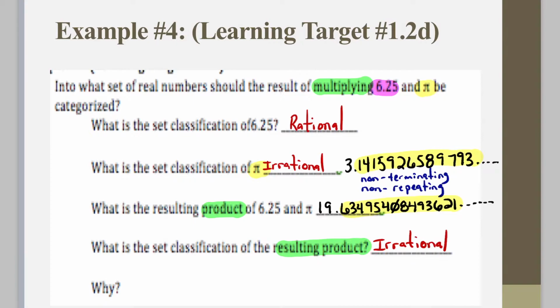irrational. And so we can conclude that the product of a rational and irrational number will assume the properties of the irrational number. Now, why is this?